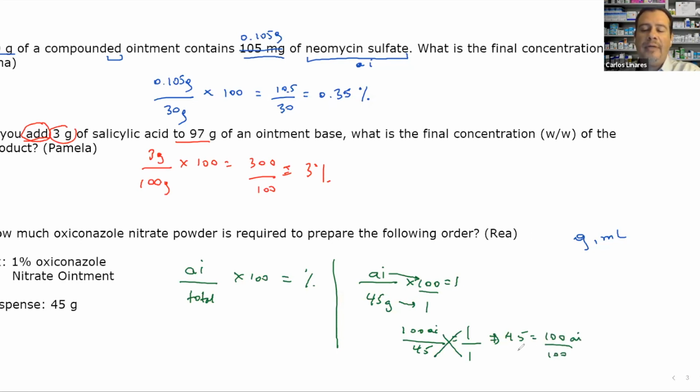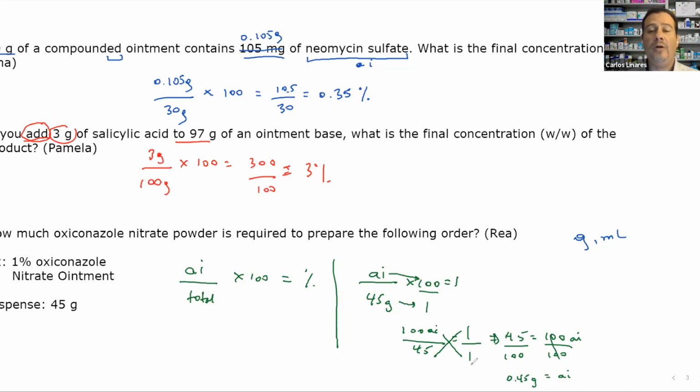Divide both sides by 100. AI is equal to 0.45. And what would be the unit of measure? Grams. Great. So you're going to add 0.45 grams to this ointment base, and then that will give you the 1% cream.